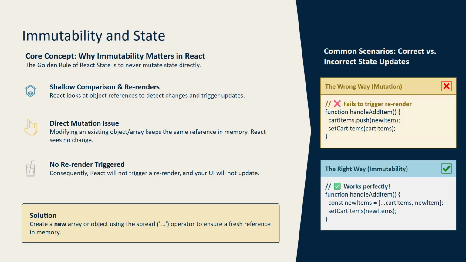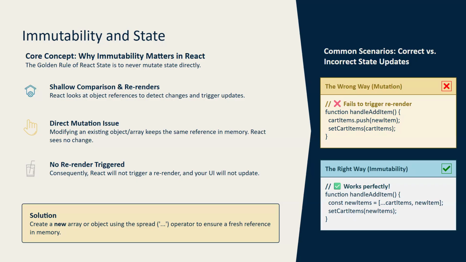If we modify the existing array or object directly, the reference stays the same, so React may not detect a change, and the UI may not get re-rendered. That's exactly what the example on the right is showing. If we're trying to add items to a cart, we could use the push method here, but it mutates the original array.